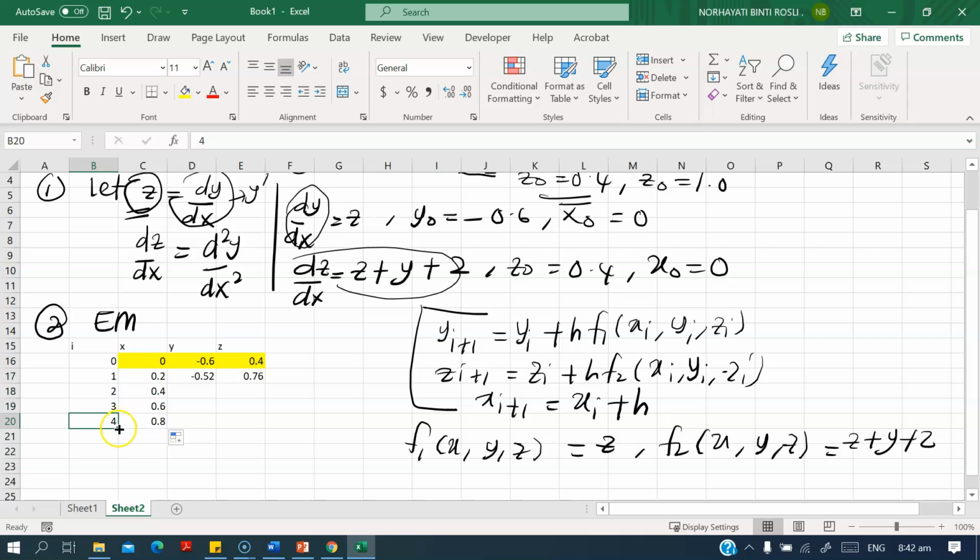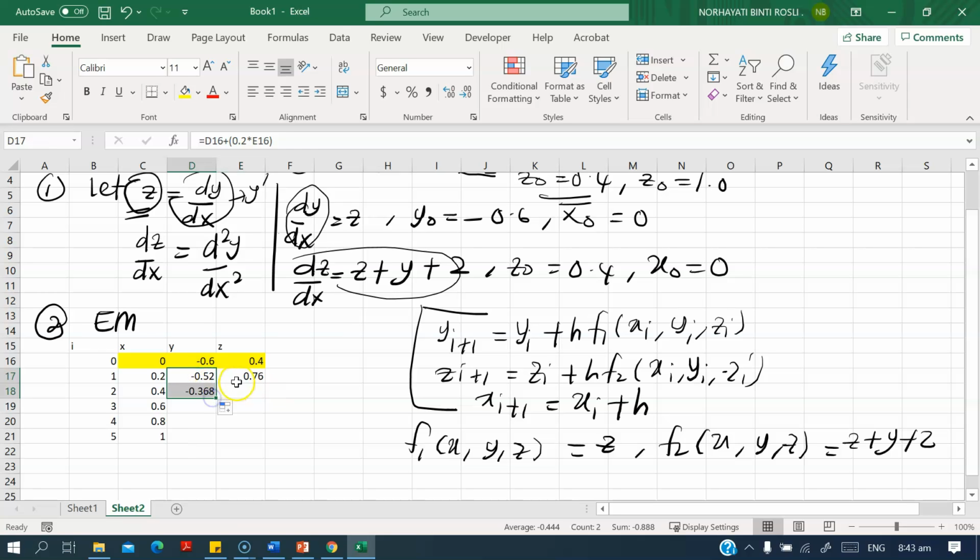So we have to add one more. Sorry, this one is up to 0.8 only, which means that this one is 1. So here, class, for this one, I just highlight this and drag. We need to compute this one first, right?